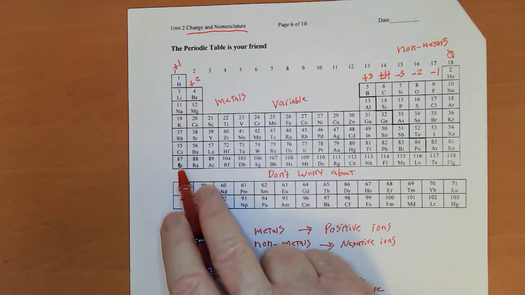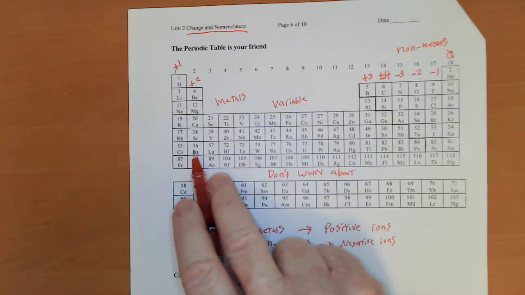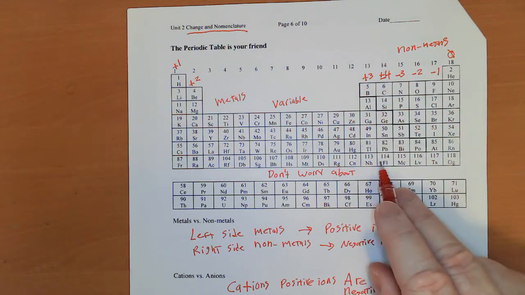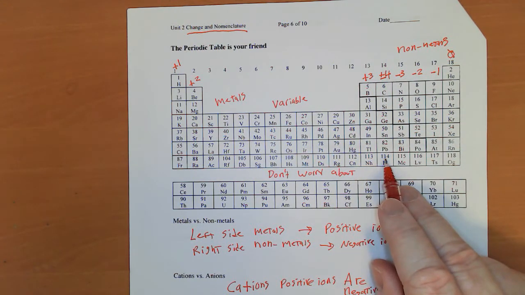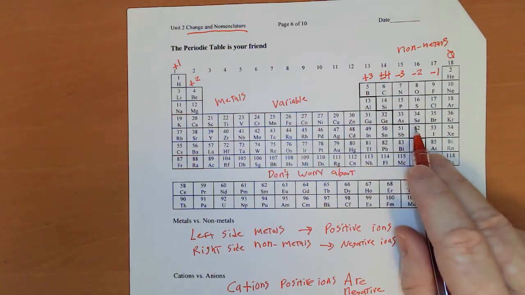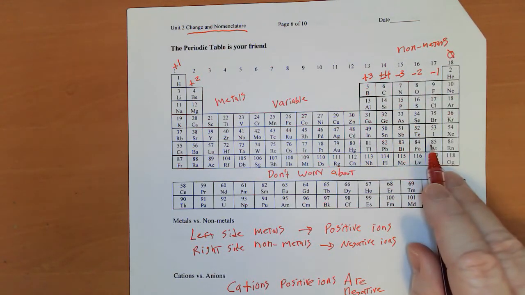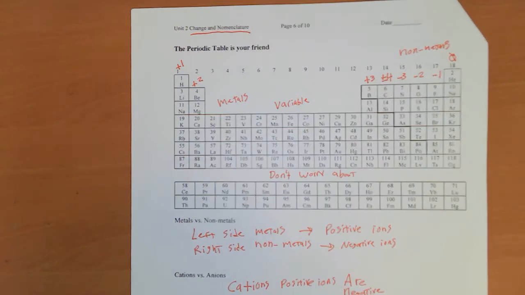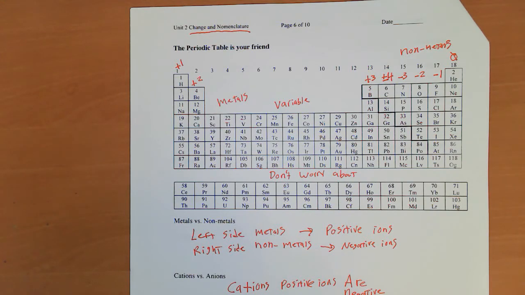Group number 1 form the plus 1s, group number 2 form the plus 2s. Group 13 form the plus 3s, group 14 can be the plus 4s or the minus 4s. Group 15, minus 3s, group 16, minus 2s, group 17, minus 1s, and group 18, the zeros. They do not form ions.